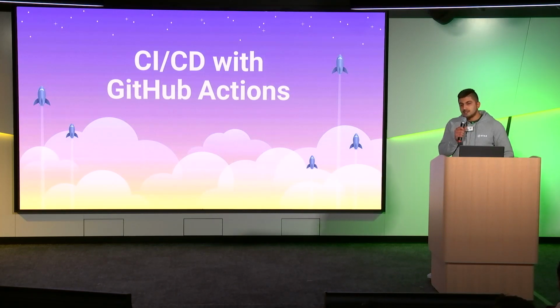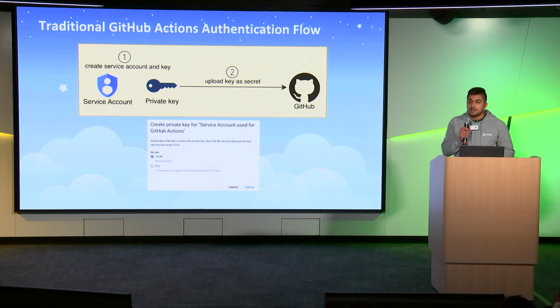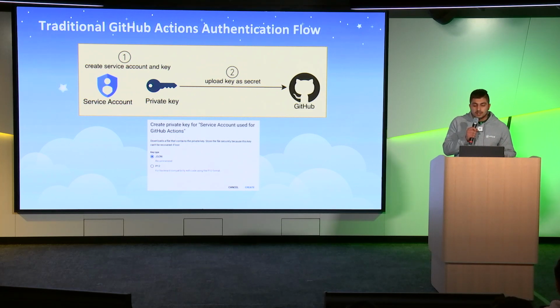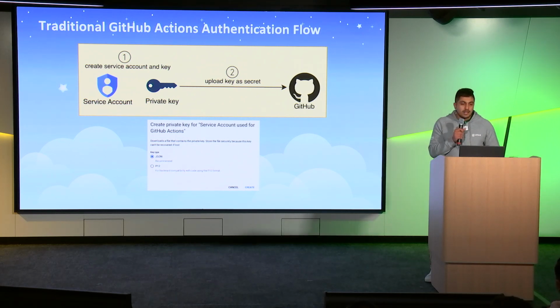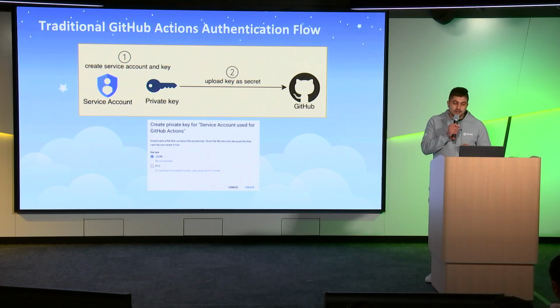Now let's talk about continuous integration and continuous delivery using GitHub Actions. Traditionally, setting up a CI/CD pipeline between GitHub Actions and Google Cloud involved you creating a service account in your Google Cloud project. You then create a private key for that service account, and you then need to export that private key to GitHub as a secret. Then the GitHub Actions workflow would use that private key to interact with Google Cloud services.